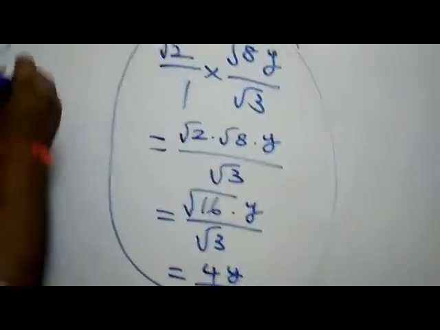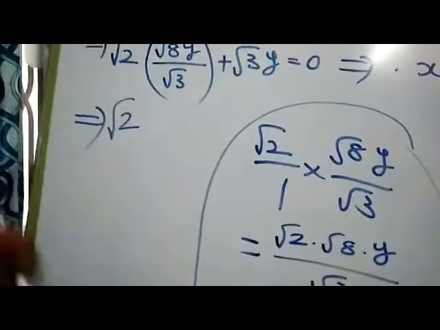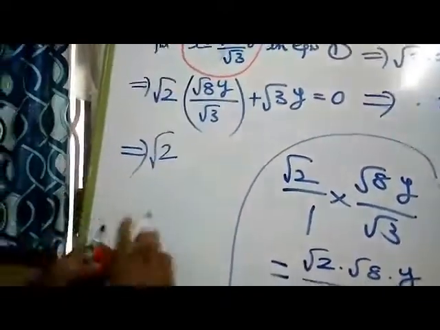If you simplify this part, this will be root 2 only. Already simplified now.